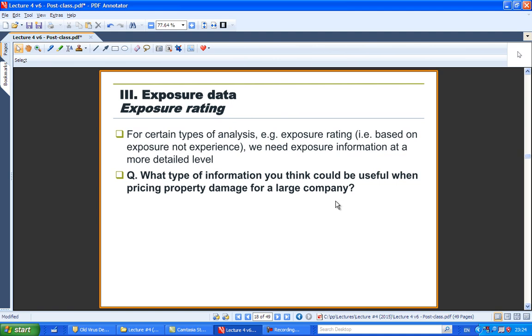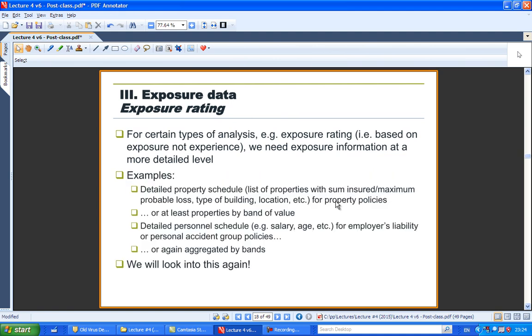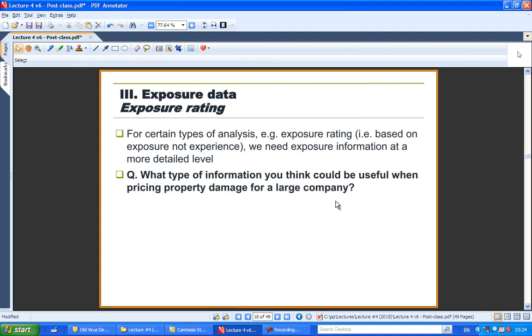The only thing here that I invite you to consider is the type of information that you think could be useful when pricing property damage for a large company.